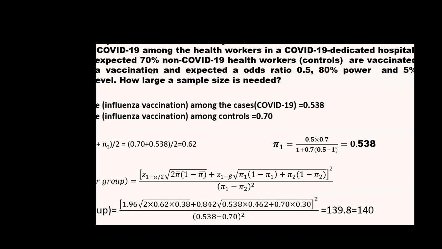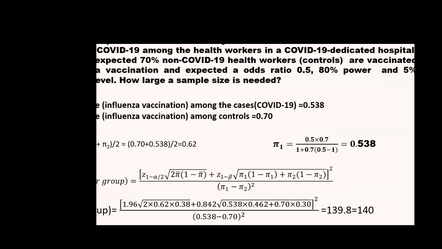So one example I am taking: the investigator plans a case control study to see the effect of influenza vaccine in preventing COVID-19 among the health workers in a COVID-19 dedicated hospital. So he wants to know the role of influenza vaccine in preventing COVID-19 in the health worker.